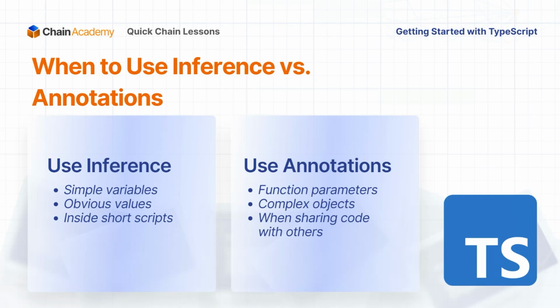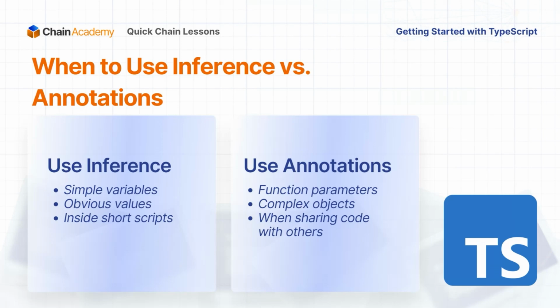But there are times when annotations are the better choice. You will want to use annotations when defining function parameters, because TypeScript can't always predict what kind of data will come in. Also, when working with complex data structures like objects, arrays, or API responses, annotations make your code more readable and intentional.